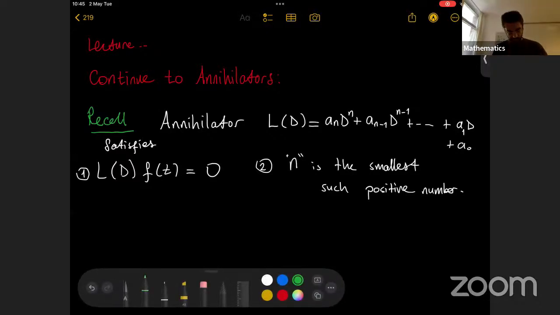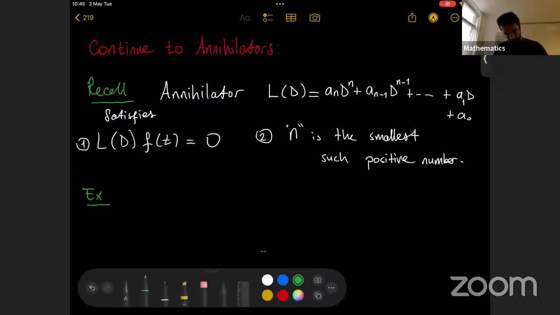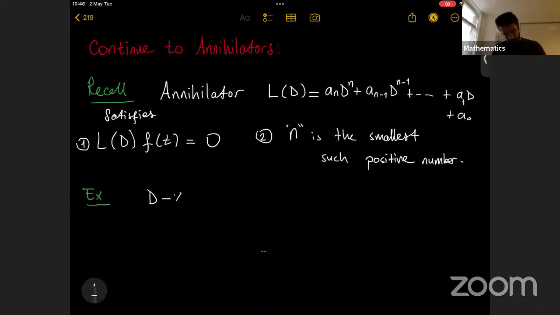Let me recall some of those. For instance, the basic ones: (D minus lambda) times e^(lambda t) is equal to 0. That means D minus lambda is the annihilator of e^(lambda t).